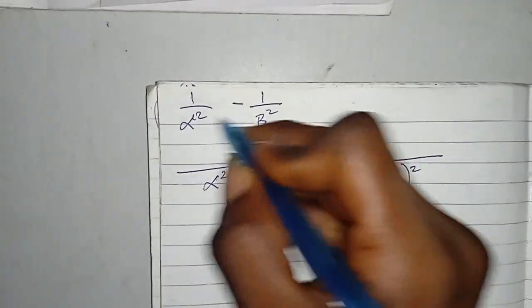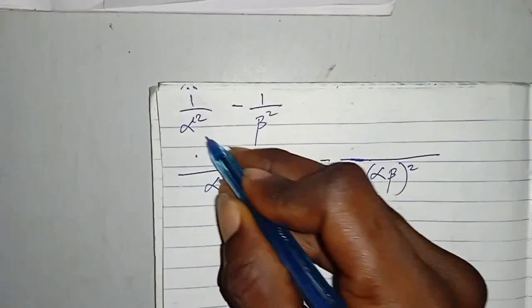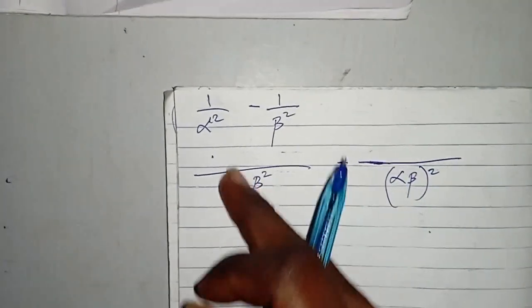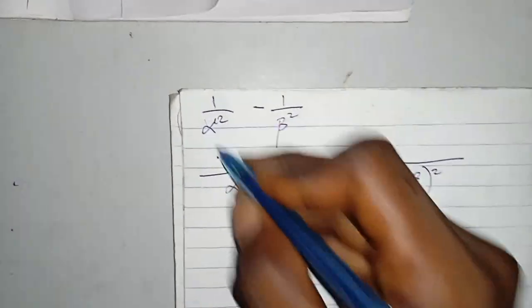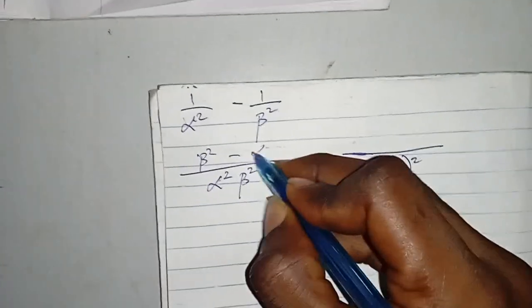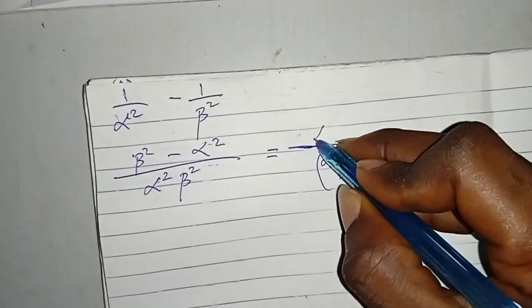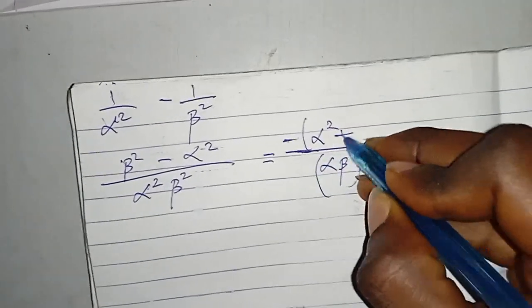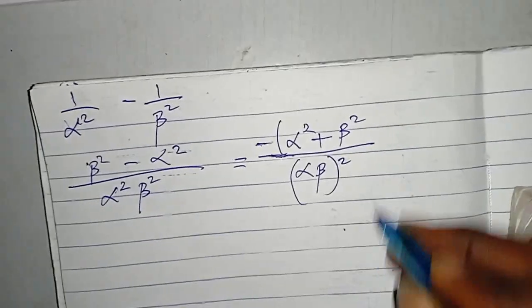When you carry this and multiply this, you get alpha beta square times this divided by this will be beta square minus alpha square.